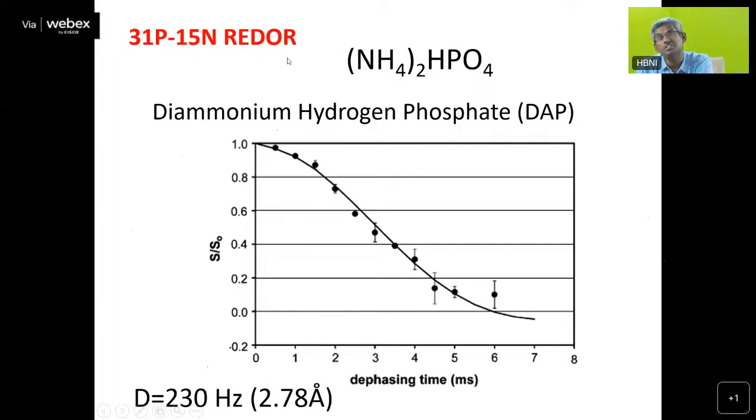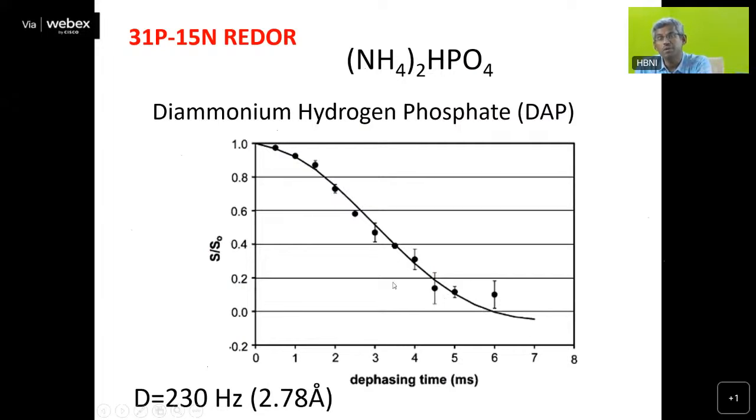Here nitrogen is an enriched sample because nitrogen 15 abundance is very small. We need to increase the isotope abundance of nitrogen 15, and then we have to do the nitrogen 15 NMR, this REDOR experiment. After doing the REDOR experiment, as I mentioned, we get a scale factor. You can calculate theoretically also, and the dots are the experimentally obtained values.